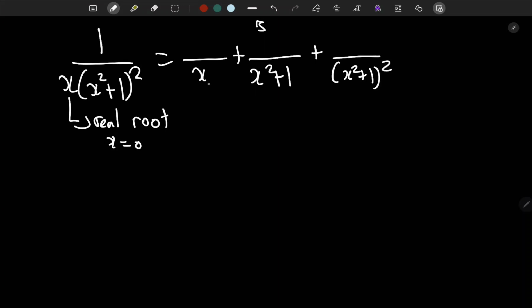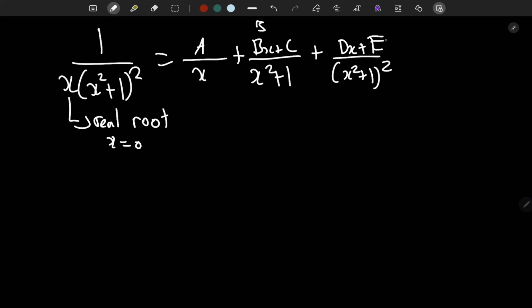And now we can write the coefficients as before. So first one is going to be a, and what do you think the second one is going to be from the last example? It's going to be bx plus c, since the power of x here is 2, and for the last one is going to be dx plus e.